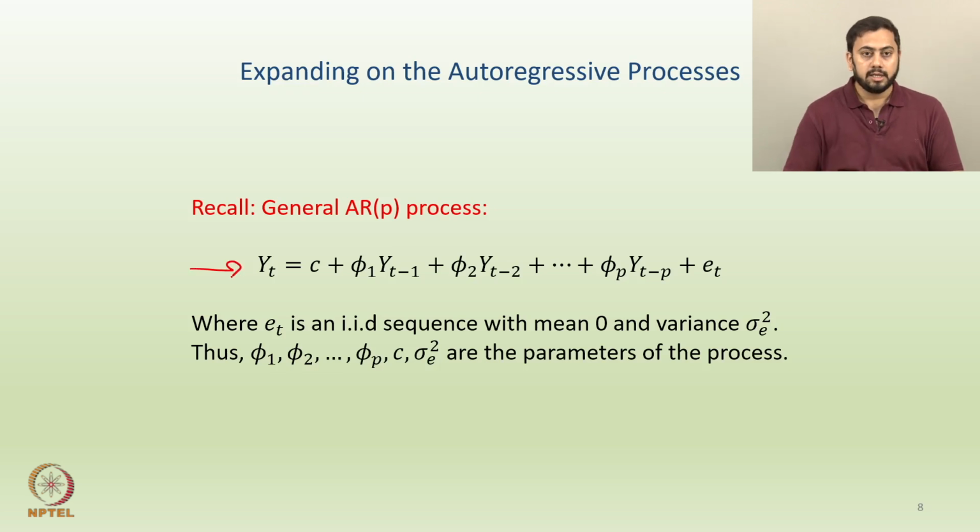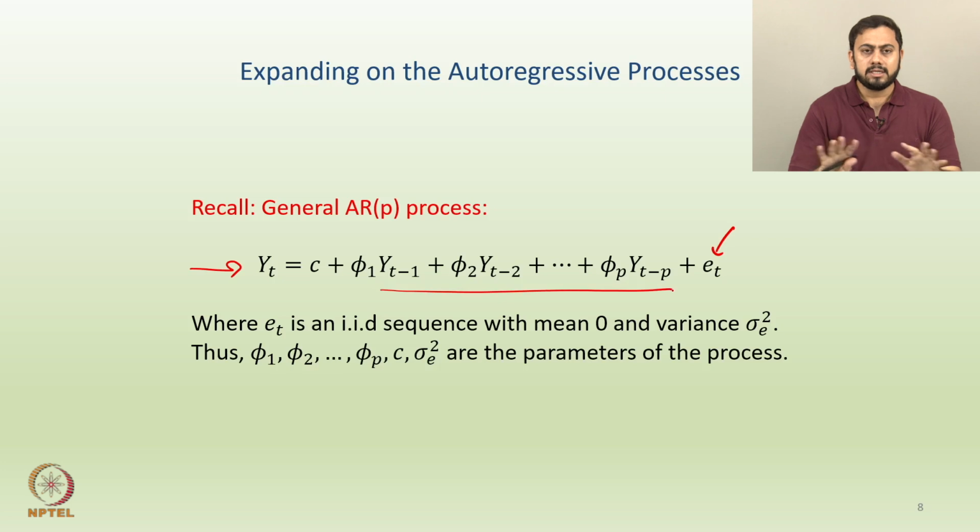The general structure of an autoregressive process of order p is something like this. yt is regressed on its historical data, yt minus 1, yt minus 2 up to yt minus p, and then eventually you have an error term, et. How exactly do you identify the order? The number of historical terms of y that you take determines the order. For example, if you are taking p such historical terms, then the order becomes p.